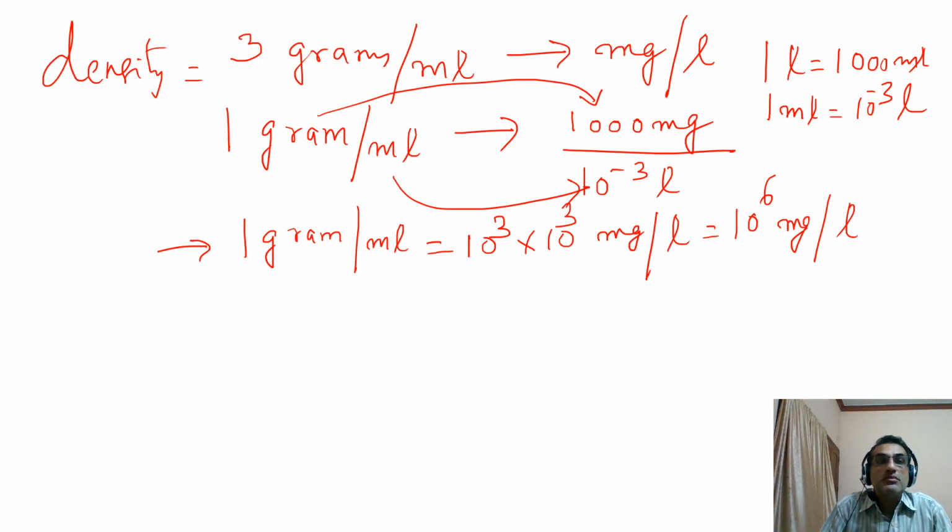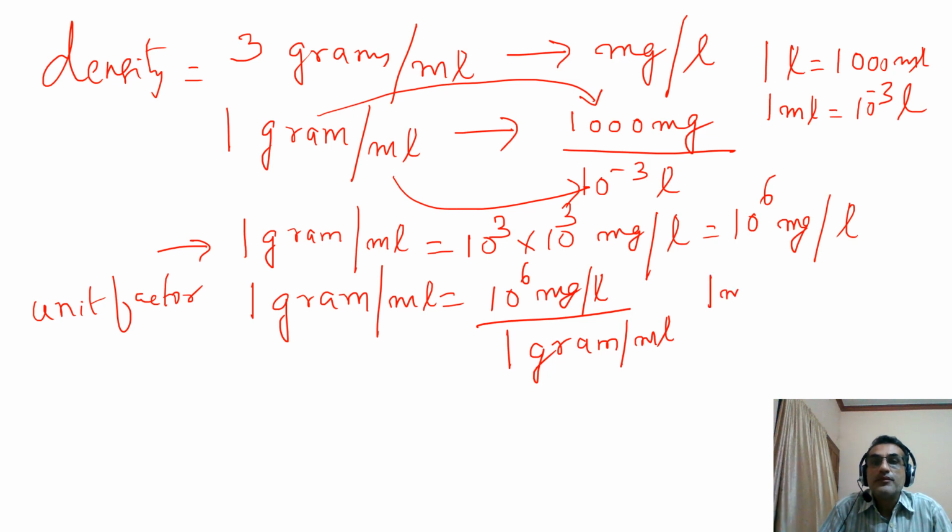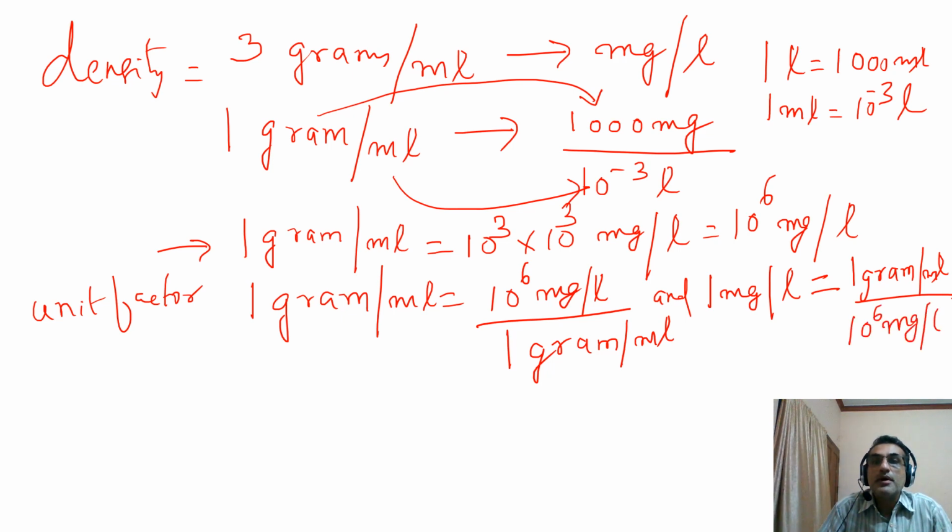Now I need to find out the unit factor. So 1 gram per ml will be equal to 10 raised to 6 milligram per liter divided by 1 gram per ml, and the other one is 1 milligram per liter, that's equal to 1 gram per ml divided by 10 raised to 6 milligram per liter.